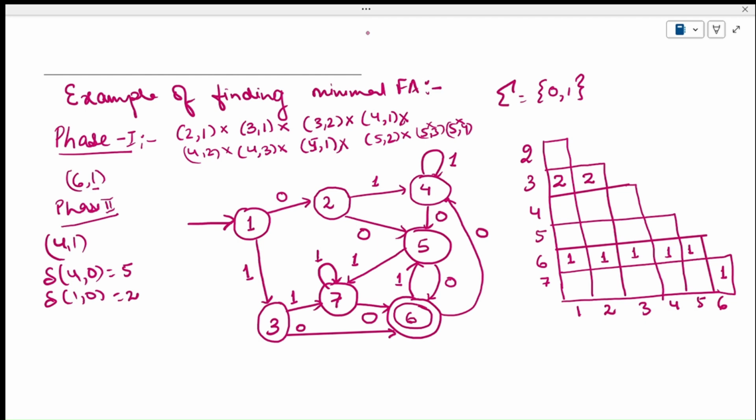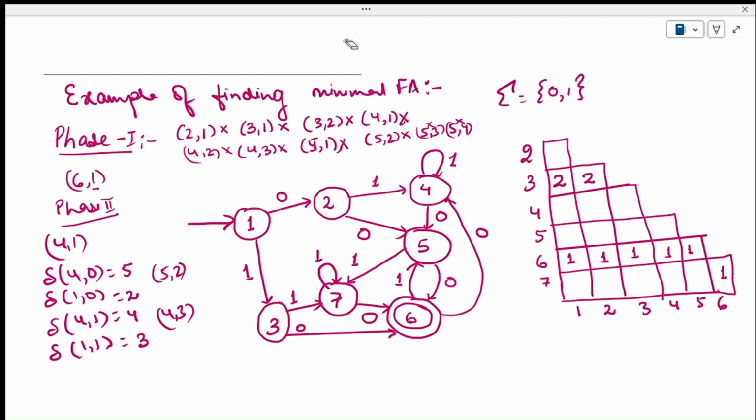Check for symbol 1. 4 on reading 1 is going to state 4, and 1 on reading 1 is going to state 3. So the pairs 5 2 and 4 3 are both not yet marked. So I will not mark 4 1 right now.